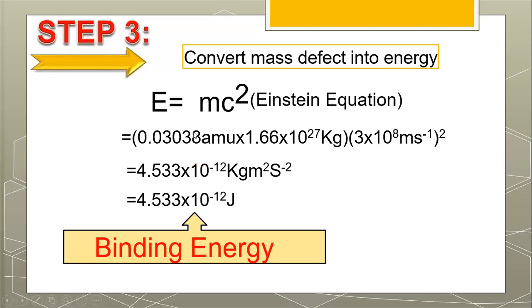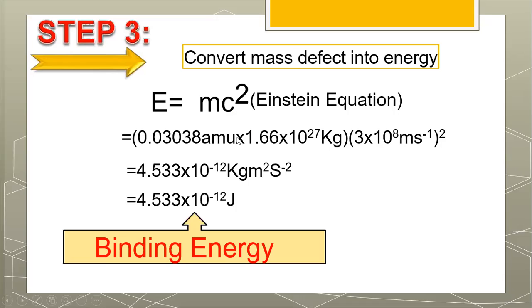By putting this value, which is the mass defect, in Einstein's equation, we want to convert this mass into kg. A point is missing here, that it should be minus 27. I forgot to draw the minus sign with this value, so you will have to put the minus sign here.